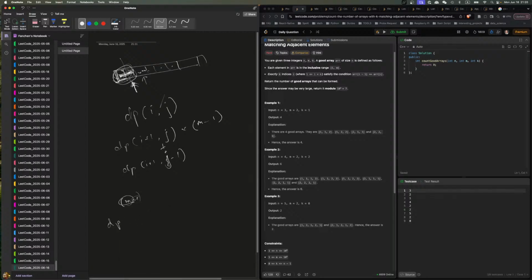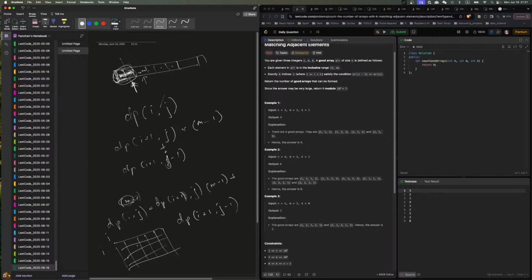So dp[i][j] will equal dp[i+1][j] times n minus 1, plus dp[i+1][j-1], right? So if I do it like this, this is i, this is j.